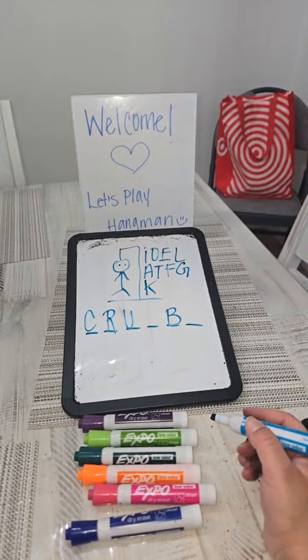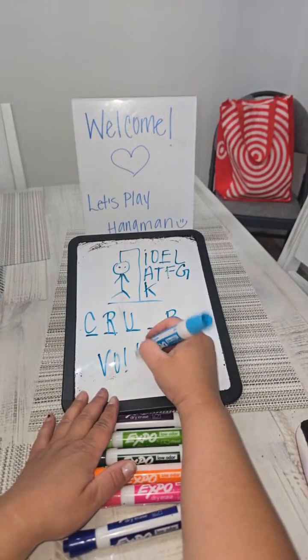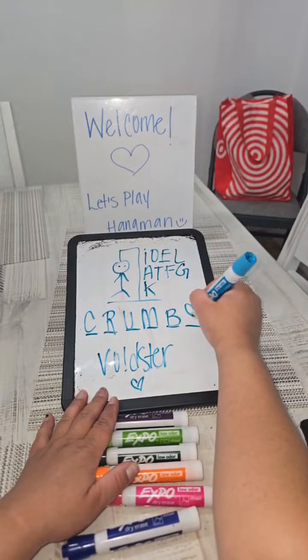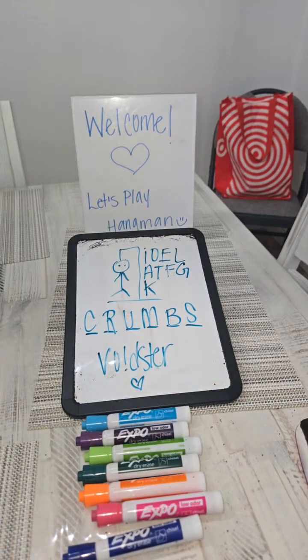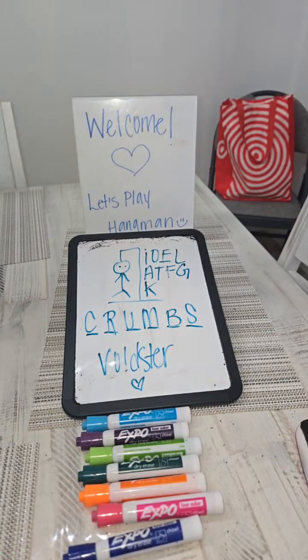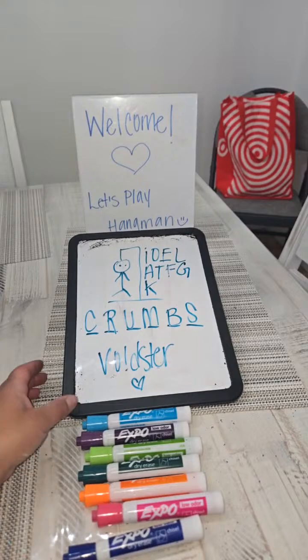Corn cob, crumble, cardboard. And voidster came through with the correct answer, and that is crumbs. Crumbs is correct. Yes, it is. All right, moving on to the next one.